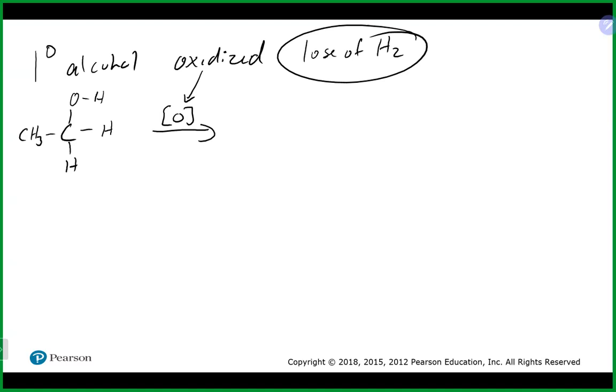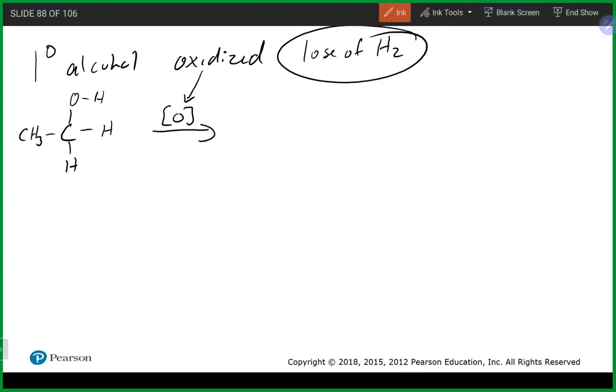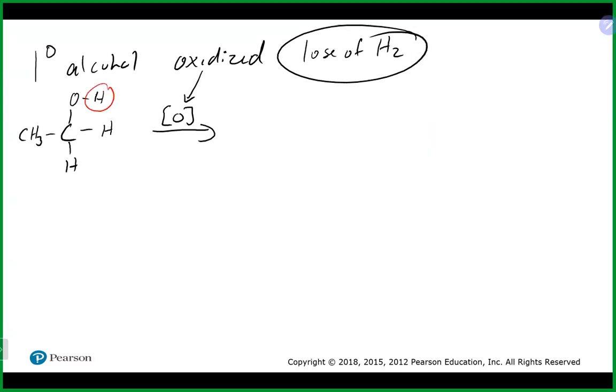We're going to lose H2 in this case. And where the hydrogen is lost from is always the hydrogen on the OH group and a hydrogen on the carbon that is attached to the OH group. So I'm going to take off those two, and that's going to give me my H2. By the way, nothing else changes on that molecule.